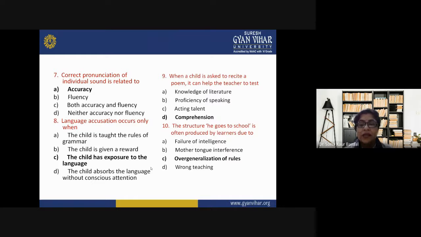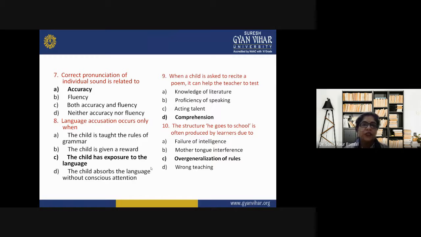Just understand that when you are teaching in your classroom, it is very important for an English teacher to establish a good relationship among your students so that they can learn the direct method of teaching English, which is sometimes called the natural method also.